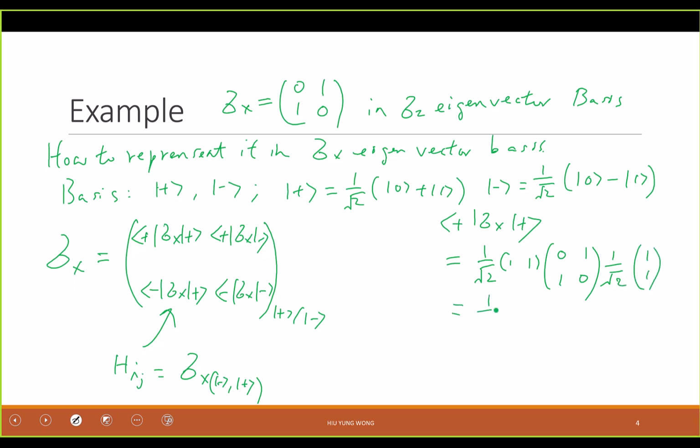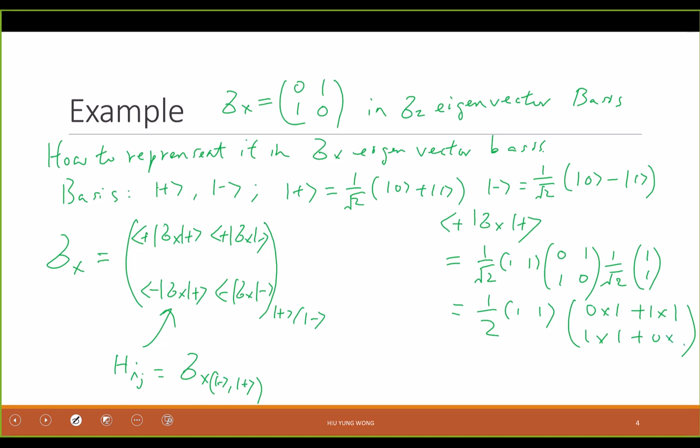Okay, so what is this? Let's do it step by step, right? I want you to know everything. This is 0 times 1 plus 1 times 1. Is that okay? The first element. Anyone has a problem with this? I know it's very simple, but you cannot make mistakes. Second is 1 times 1 plus 0 times 1.